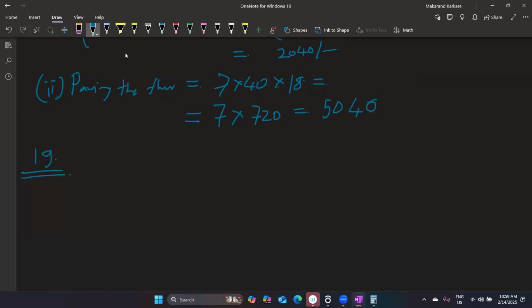Advait, your first part is also correct. Second part is also correct. Sahi, your answer is correct. Aniket, your second part is also correct.